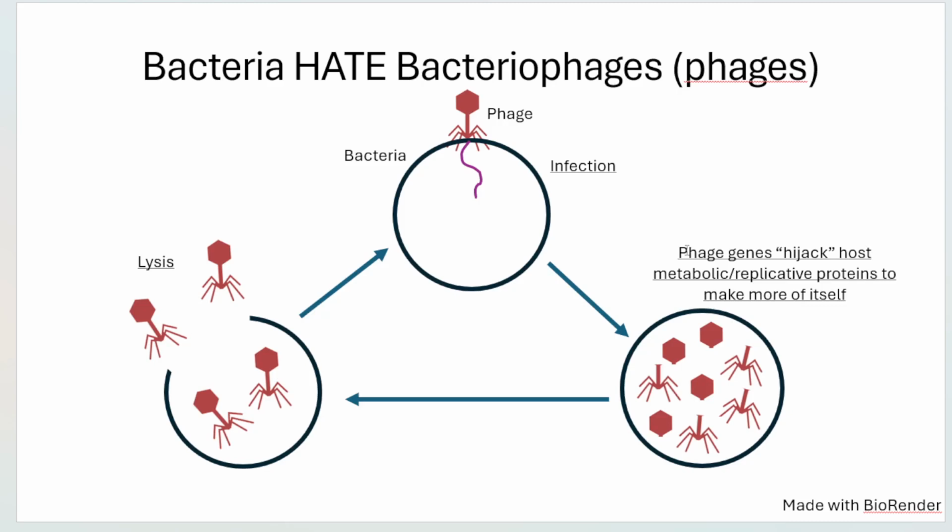And once the phage's progeny finishes being put together, they will lyse the bacteria. So they'll break out of the bacteria, killing that bacteria, and then repeating the process with all the other bacteria in its proximity. So that will mean the death of an entire bacterial colony.